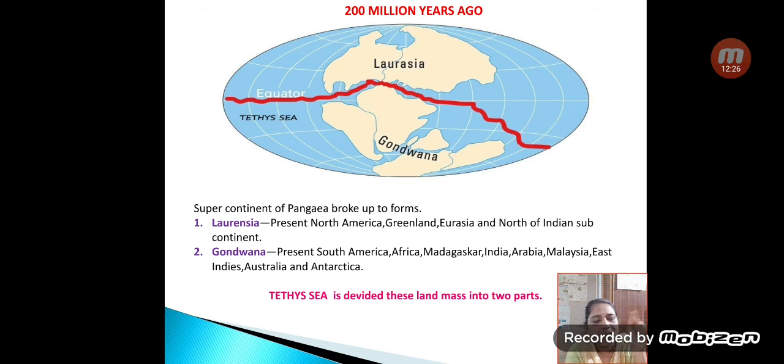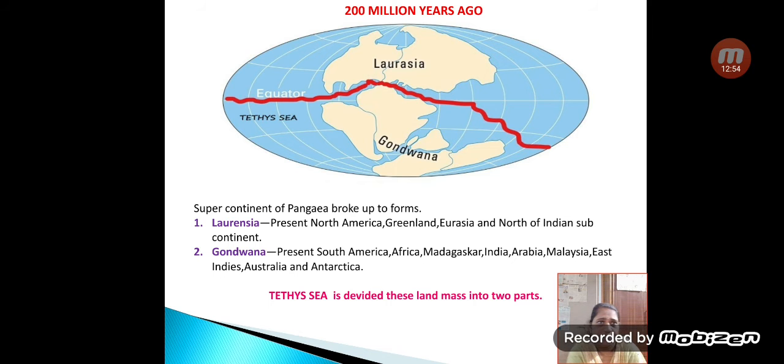And what continents are present in Gondwana land? South America, Africa, India, Arabia, Malaysia, East Indies, Australia.